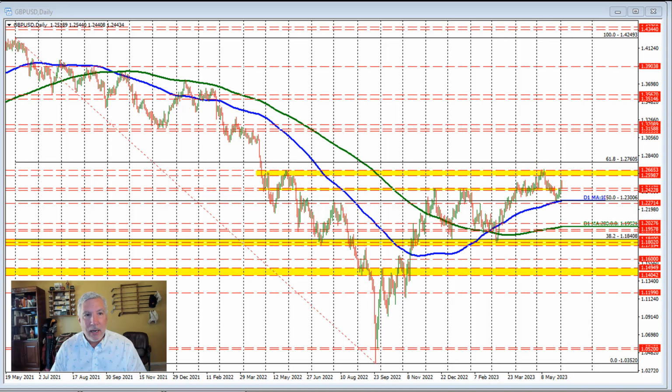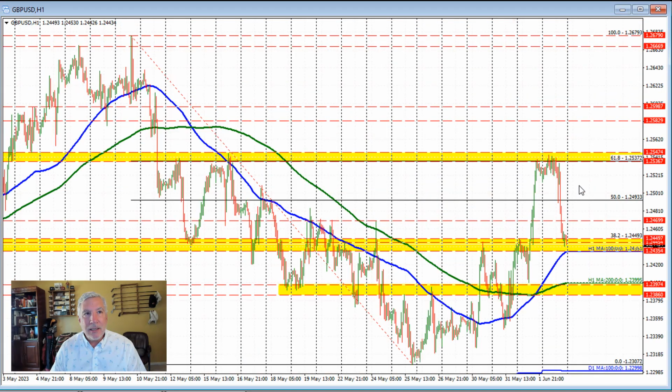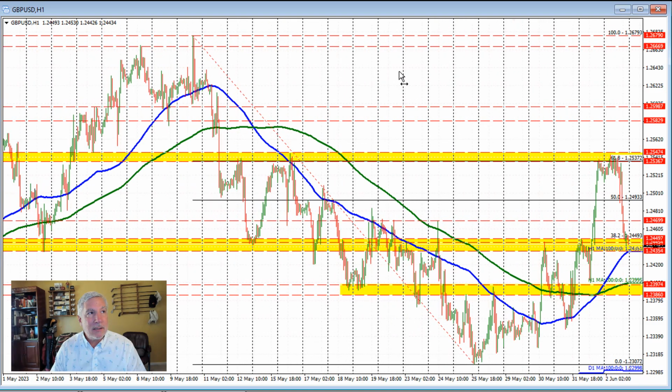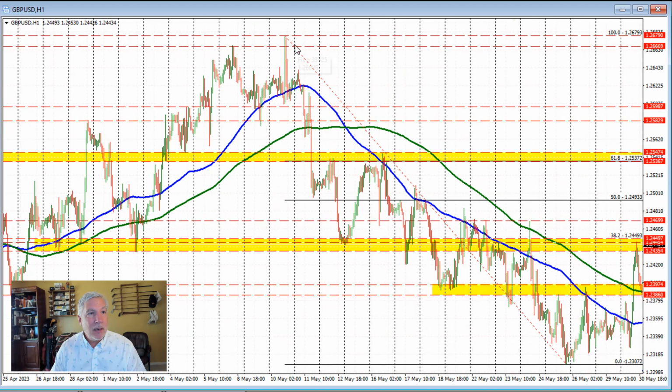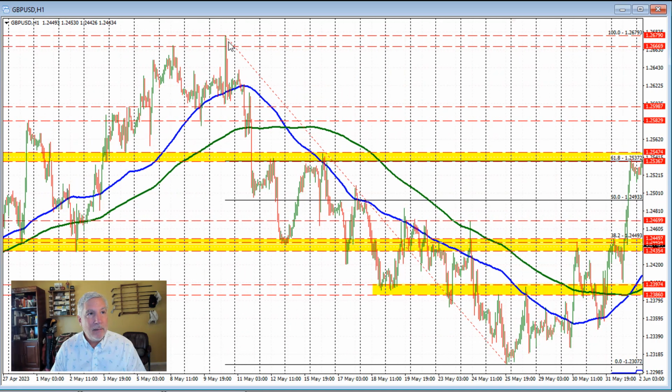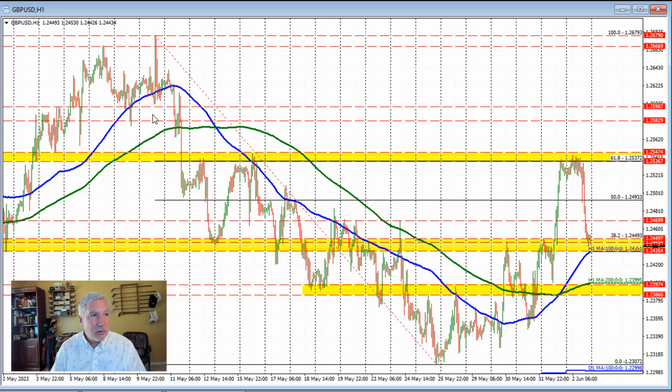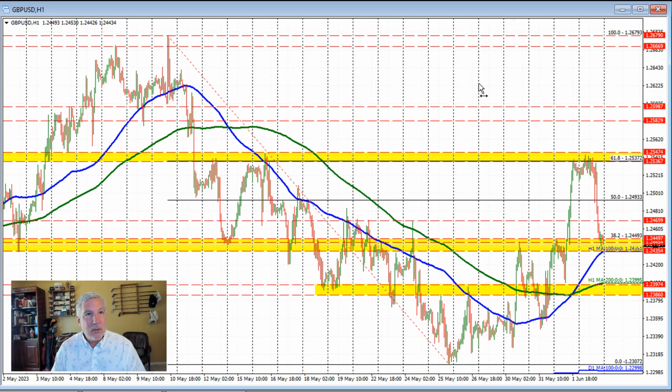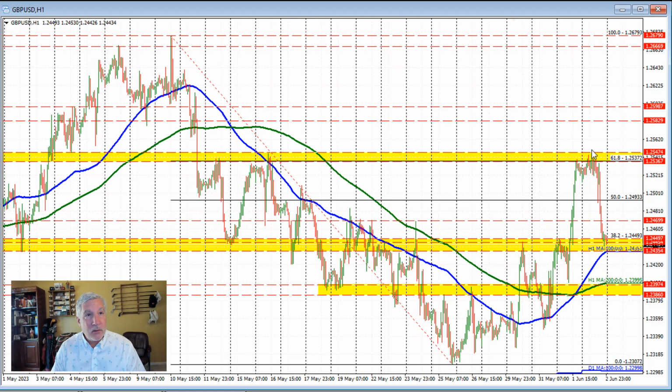Now let's take a look at the hourly chart and see what that is telling us. If we look at the last move to the downside, this is the high price that we saw toward May 10th. The price moved to the downside, and the 61.8% retracement comes at 125.372. We moved up to that area on Thursday's trade and also on Friday's trade as well.